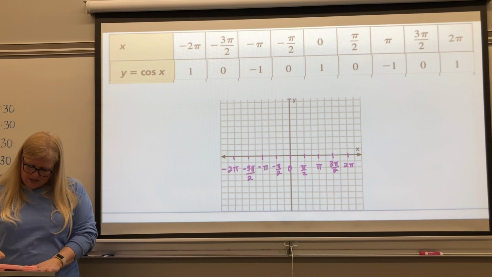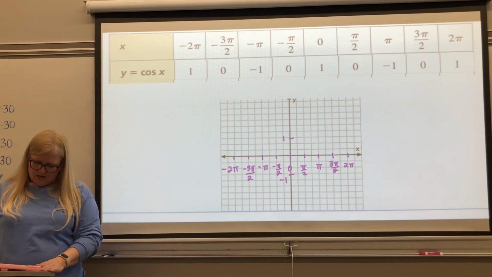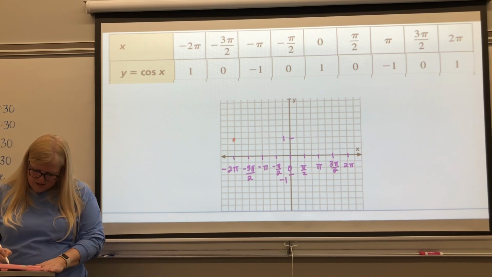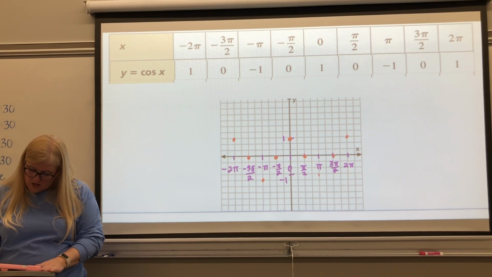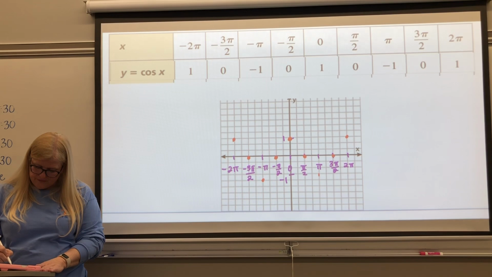Gotta have my 1 and my negative 1. So negative 2 pi, this is 1, 0, negative pi is negative 1, negative pi over 2 is 0. We come up here and back down. I'm going kind of fast because I know that it's also going to make a wave.